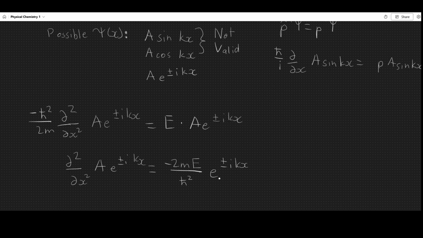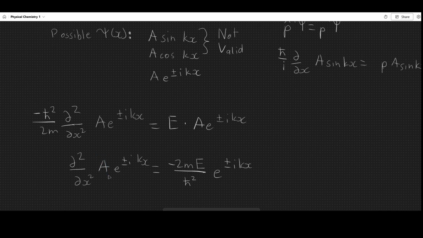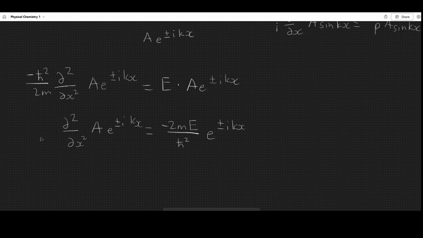And this constant can be absorbed. This constant basically will come out in the derivative and it'll cancel with this one. Actually, tell you what, I'll write the A here and then this cancels out with this. And so what we're left with is del squared over del x squared of e to the plus or minus ikx equals negative 2mE over h bar squared times e to the plus or minus ikx.